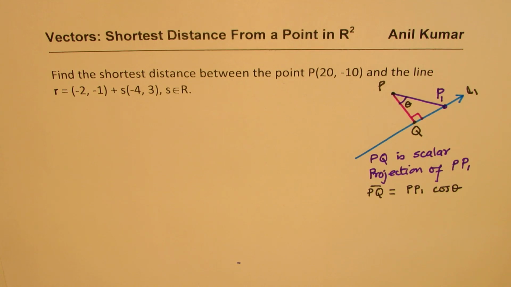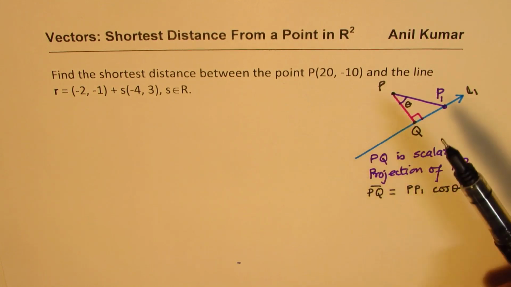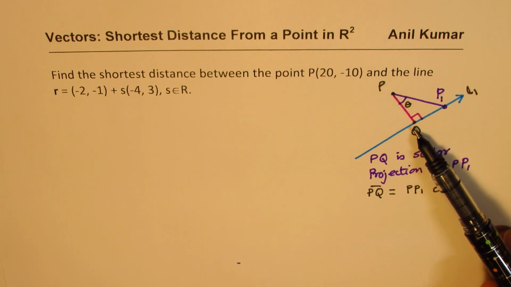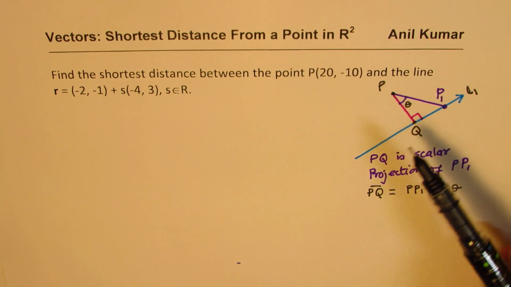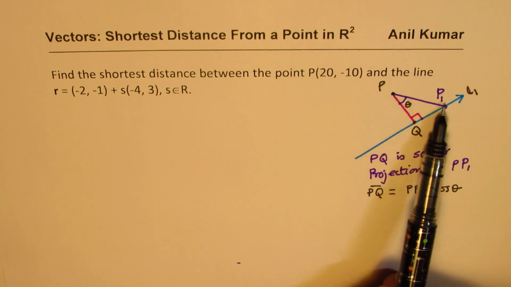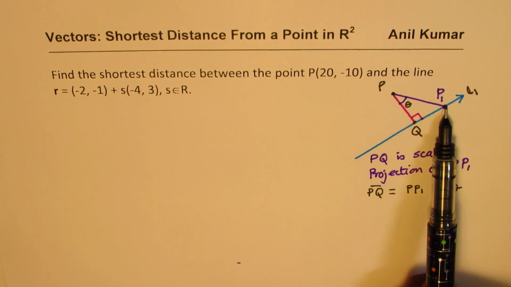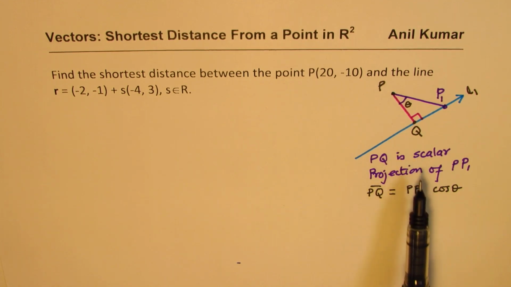Correct? So, as you can see from here, the shortest distance PQ is a scalar projection of the distance between these 2 points. So if I take any general point, I can use the concepts of scalar projection and get the result. Perfect? So that is what we are going to do.